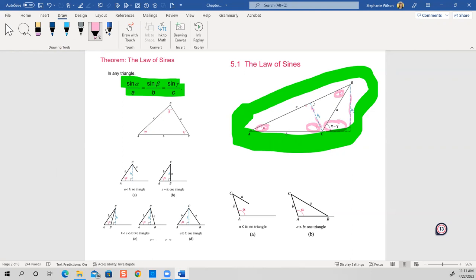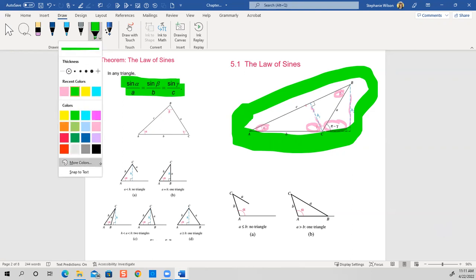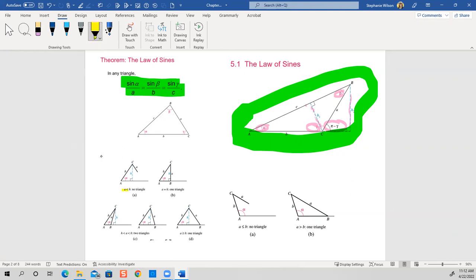I want to show you these next ones, which give a better insight. If side a is less than the height, then we have no triangle. If side a is equal to the height, then we have one triangle. If side a falls between the height and side b, then we have two triangles.